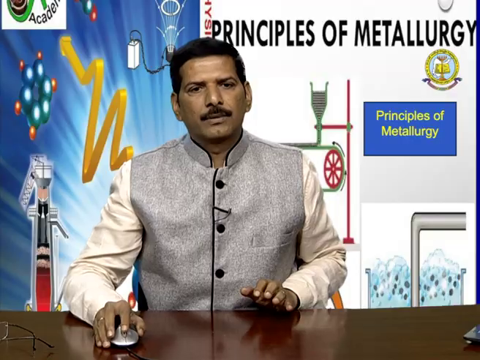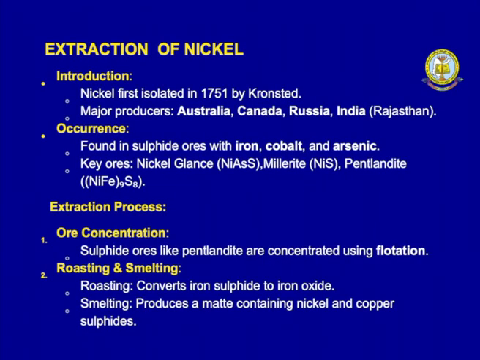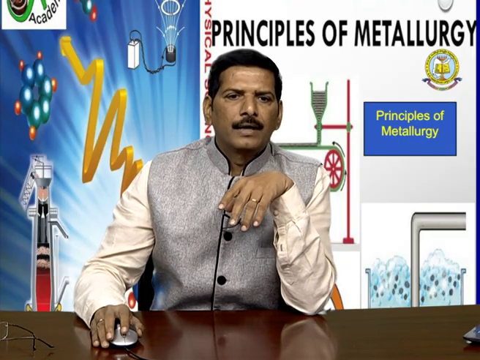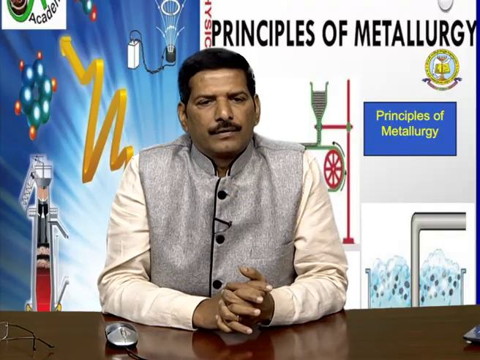So, this is the electrolysis process, and next is the extraction of nickel: occurrence, isolation, recovery, purification of nickel, alloys of nickel, and uses of nickel. Then the extraction of uranium. These are the model questions we are expecting.